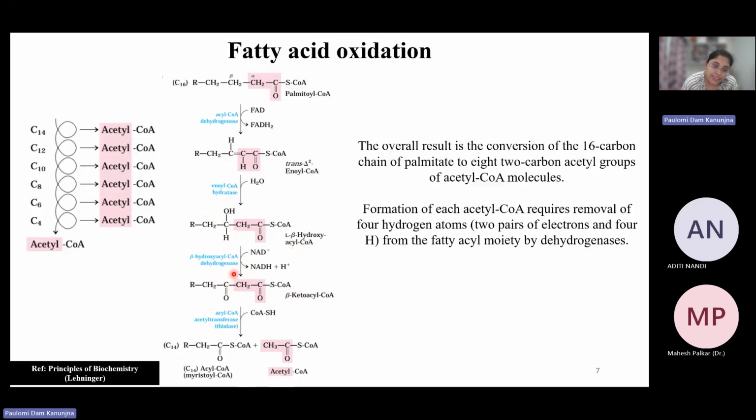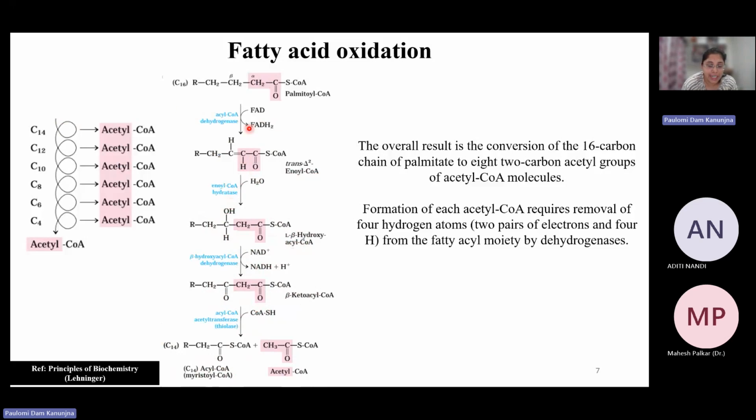So one coenzyme A is added here, and the other coenzyme A is on this component. So you have one acetyl coenzyme A coming out from this part. Now what is the remainder becoming? The remainder is becoming the 14 carbon compound with coenzyme A, so myristoyl coenzyme A. This is the 14 carbon, right?